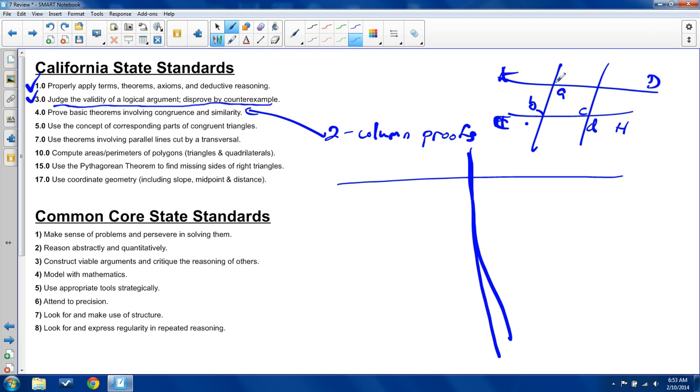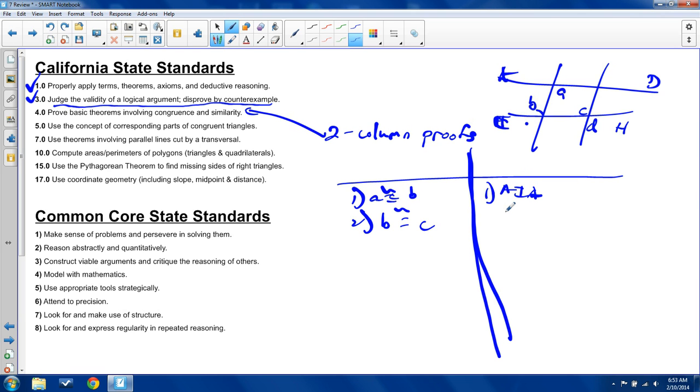Now these are not corresponding angles. If they were, then we would just say that immediately. So we had to say A was congruent to B because they were alternate interior angles. B was congruent, sorry, this should be congruent to C because these are corresponding angles. They're on the same side of a transversal.